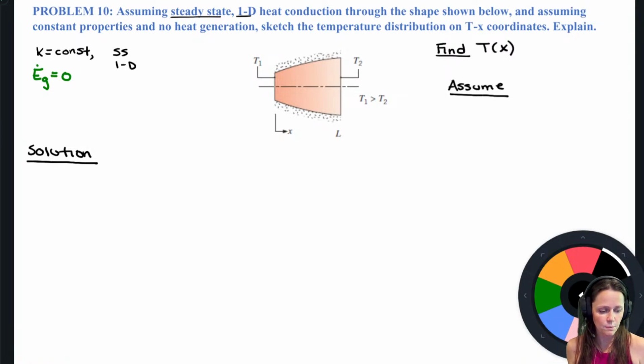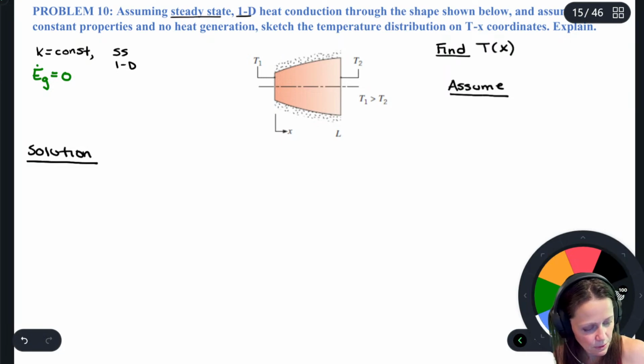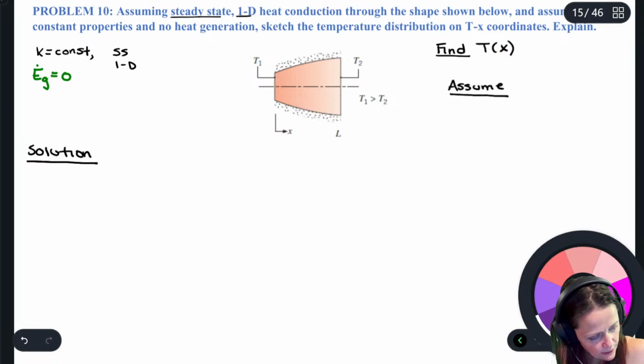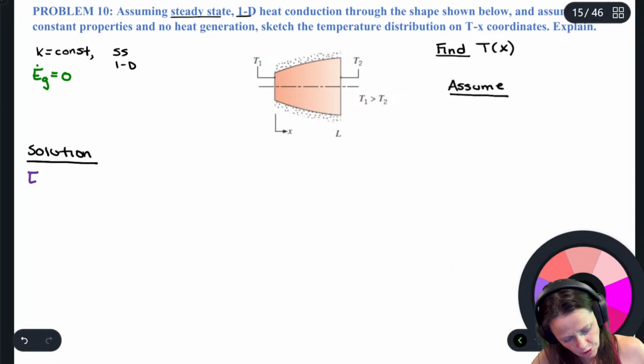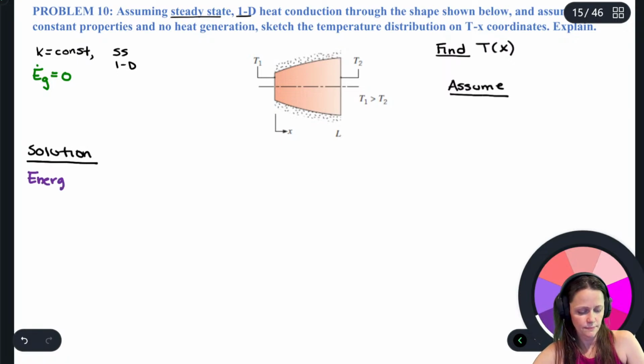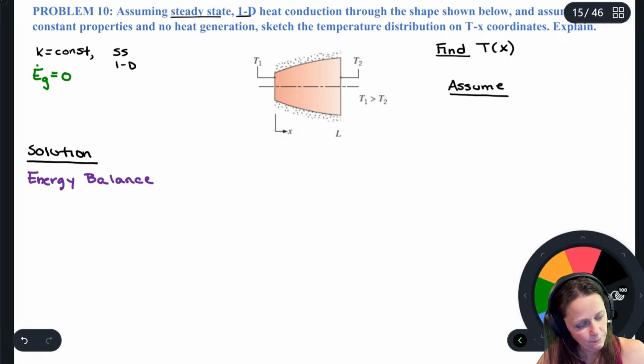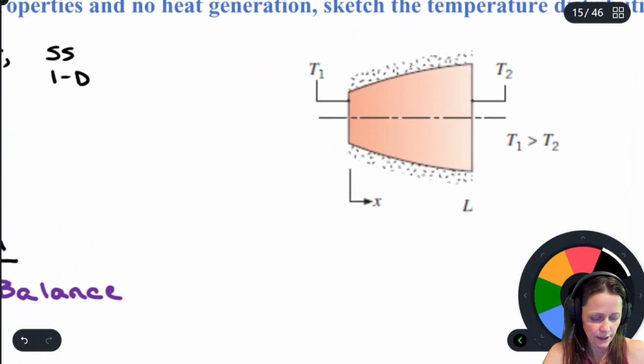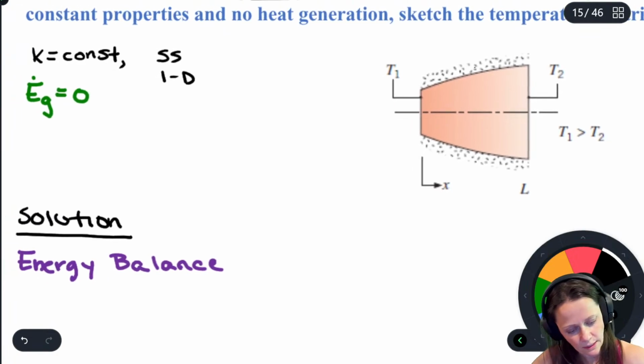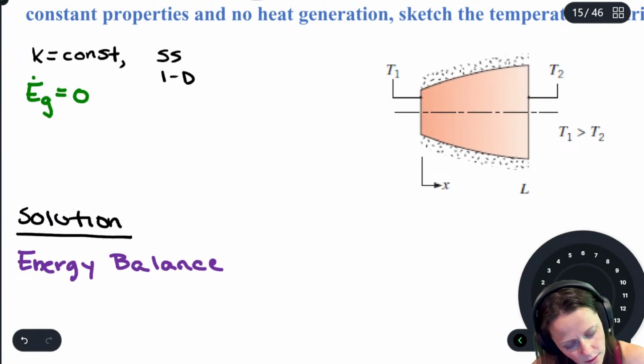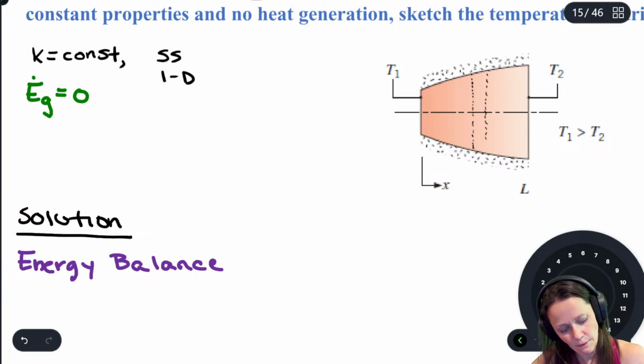So the first thing that I'm going to do is apply an energy balance, just on a little sliver here of thickness dx, okay?